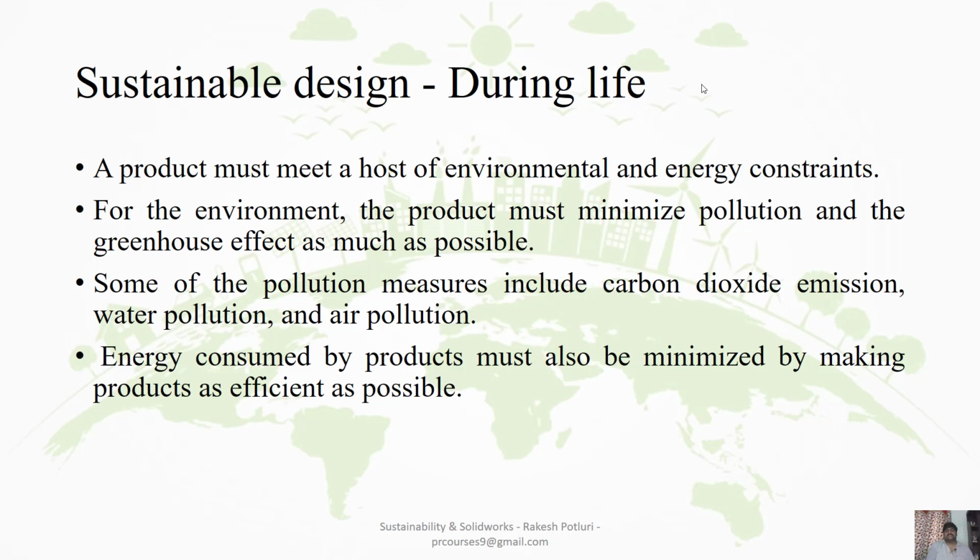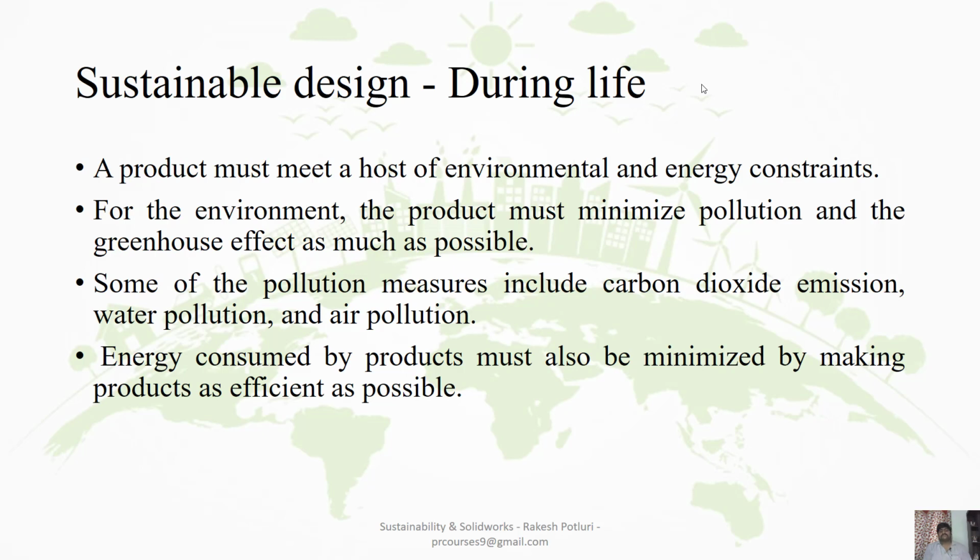A product must meet a host of environmental and energy constraints. For example, coming to the environmental constraints, while we are using the product, it should minimize pollution. Let us take automobiles. Automobiles with a BS3 engine rating cause more pollution when compared to automobiles of BS4 rating.